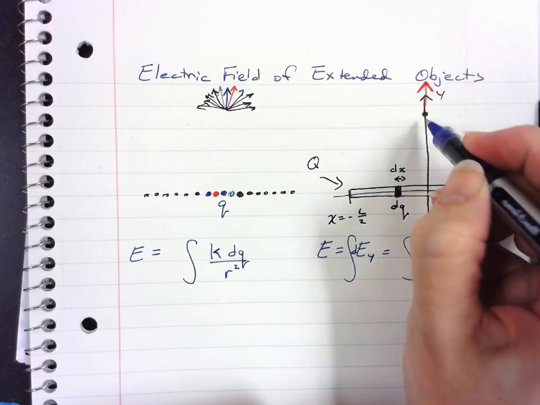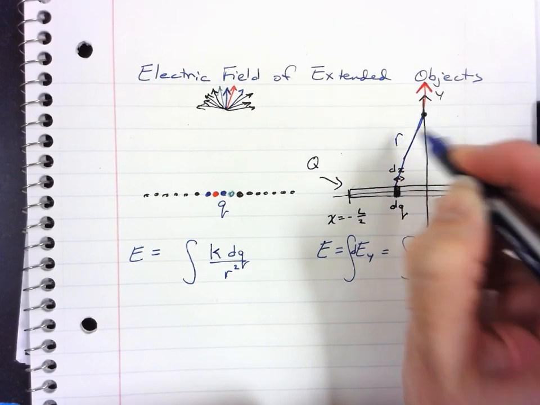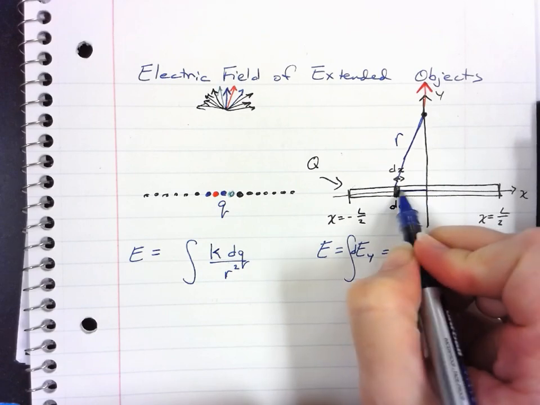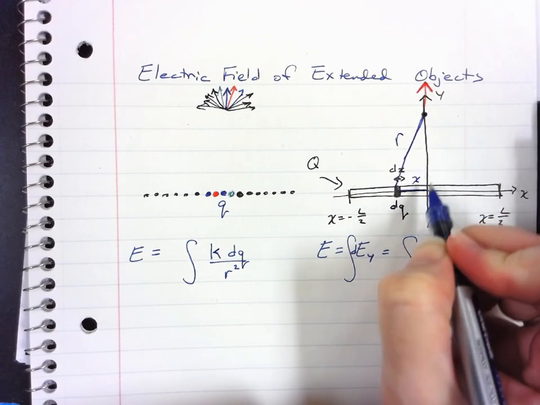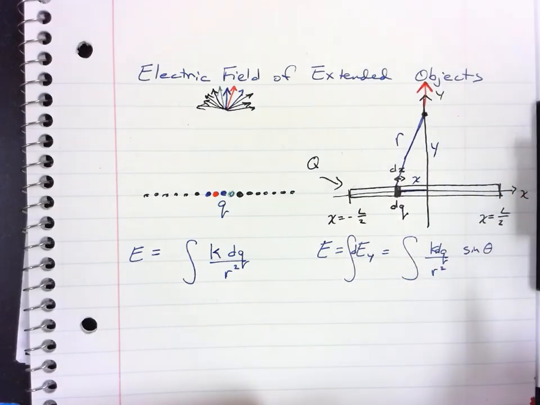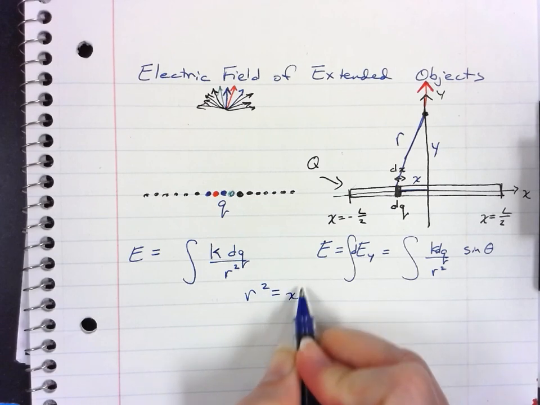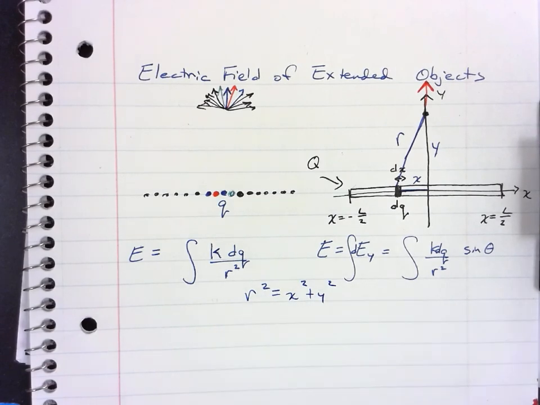So if I just draw in, this is r, we know this is x because it's on the x-axis, and this point is y away. So I have my first substitution, r squared equals x squared plus y squared.